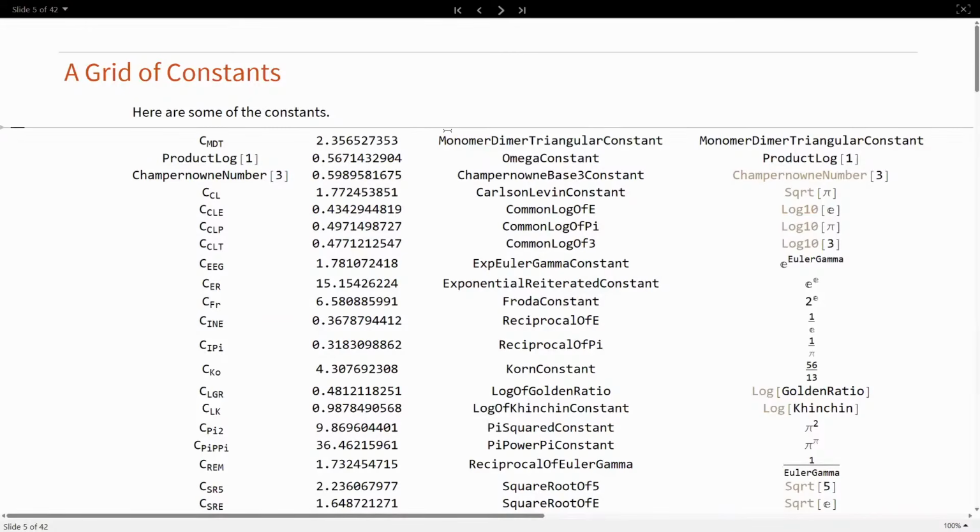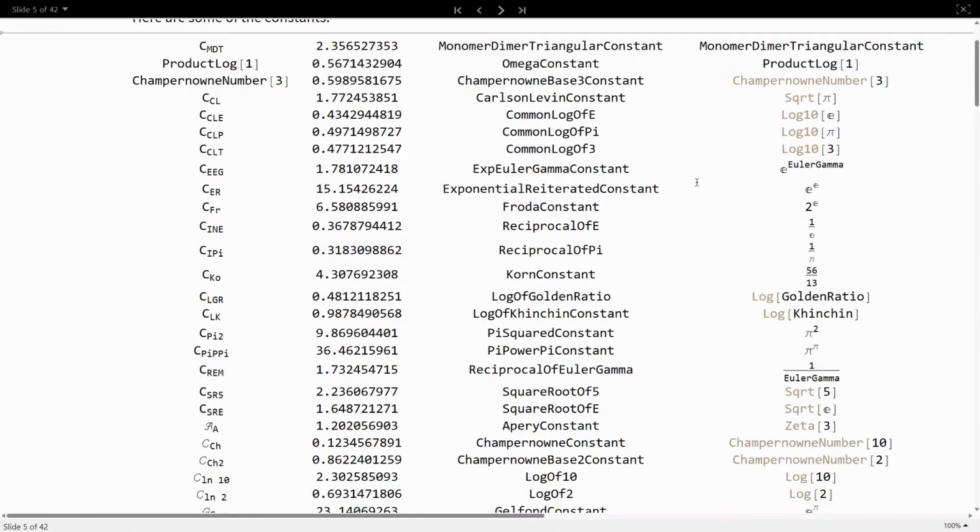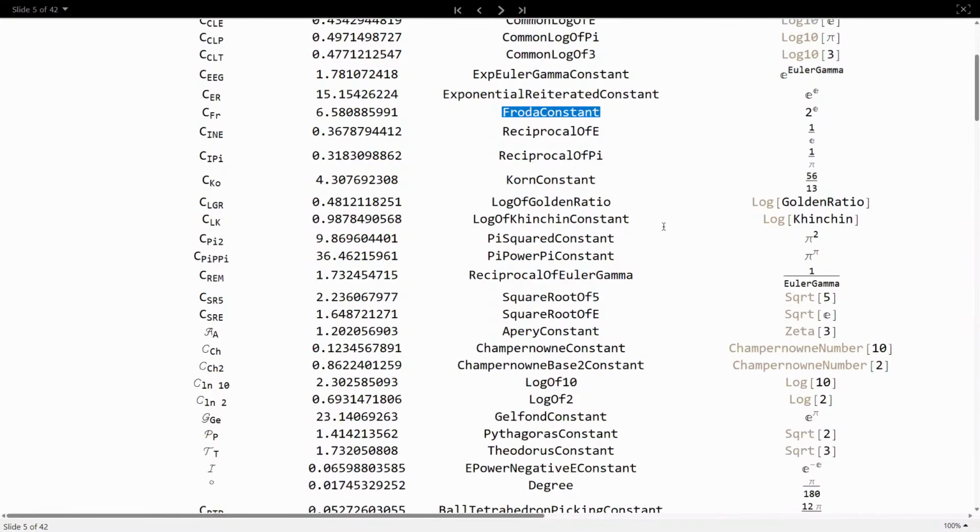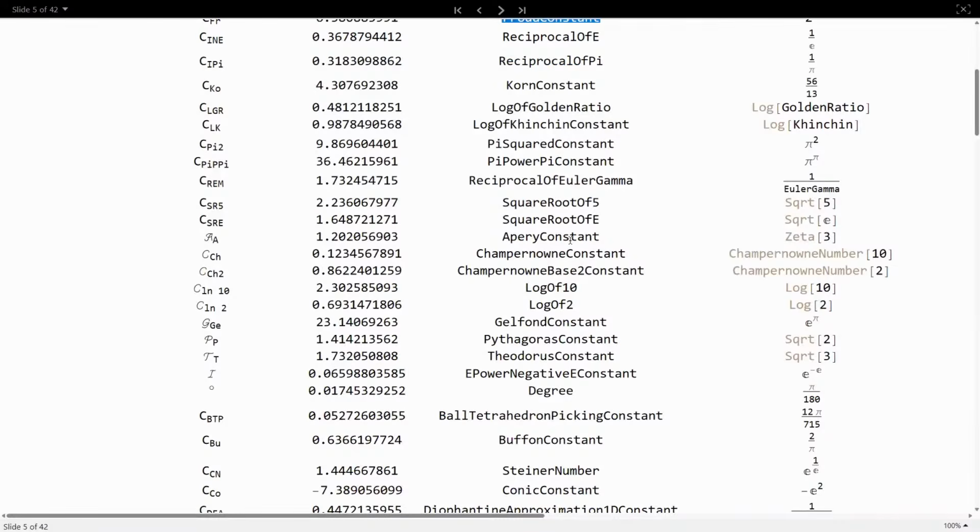And here's some of the constants that are easier to express. For example, the Froda constant is 2 to the e, reciprocal of pi. The Apéry constant is zeta 3, and I'll be covering that.